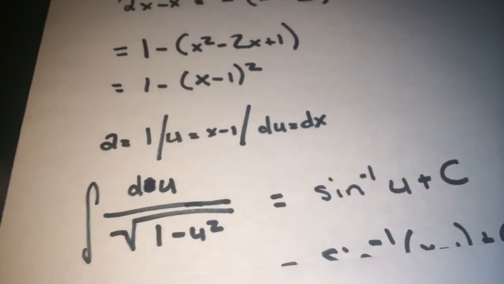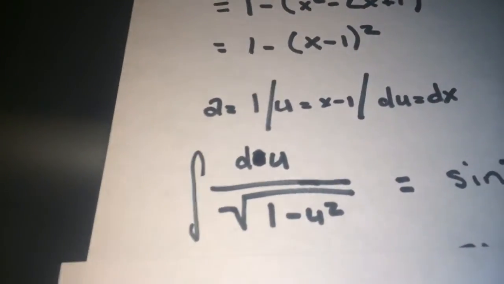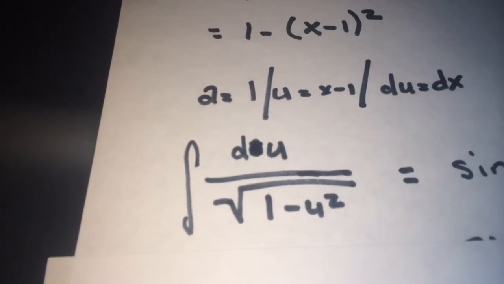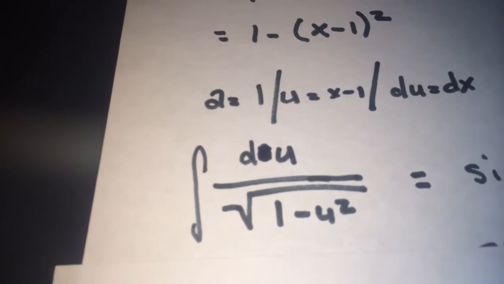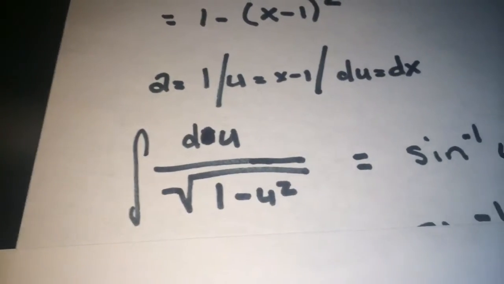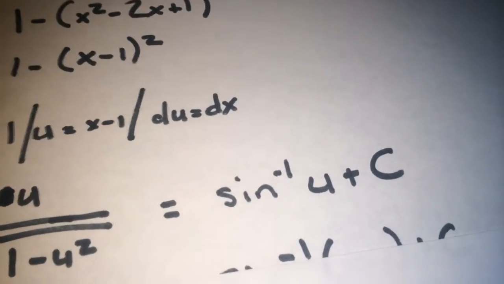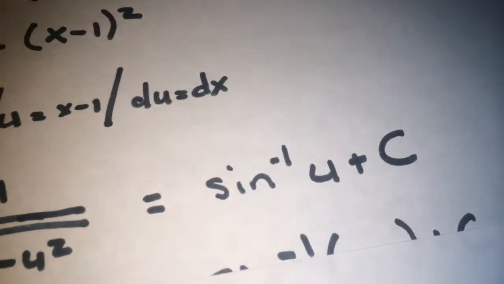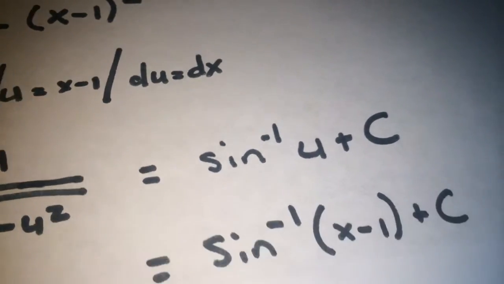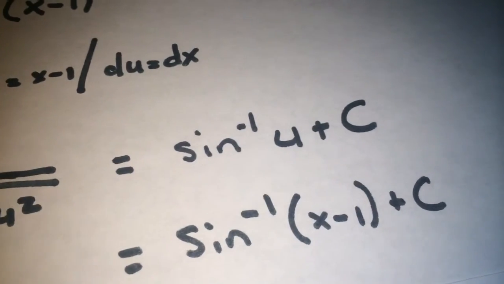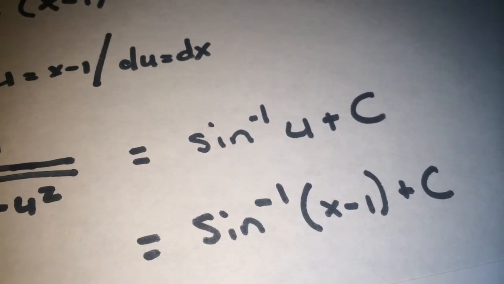Plug this back into the original formula. So we're going to have the integral of du over the square root of 1 minus u squared, which equals the sine inverse u plus c. Then you just plug in u, sine inverse of x minus 1 plus c, and that's your final answer.